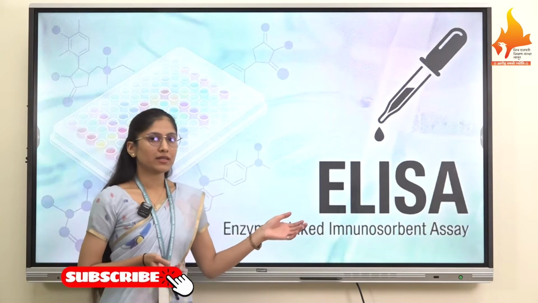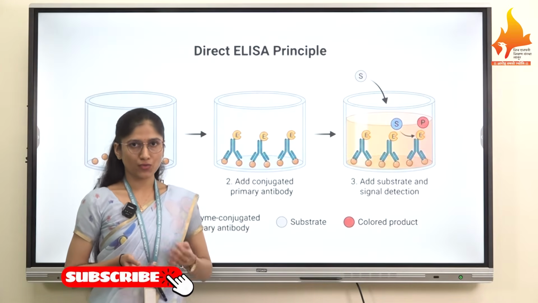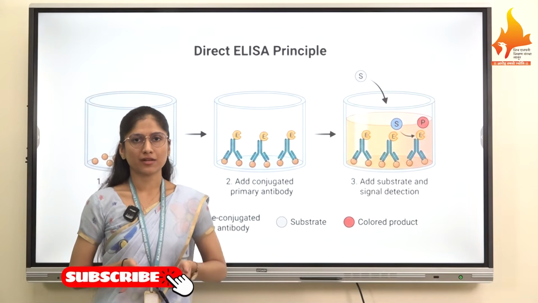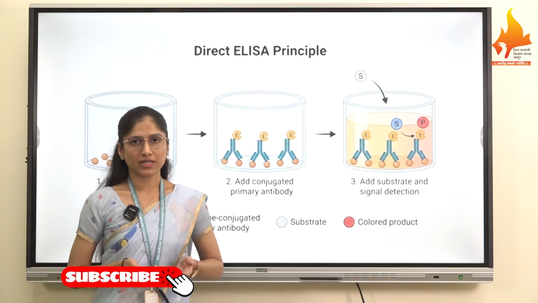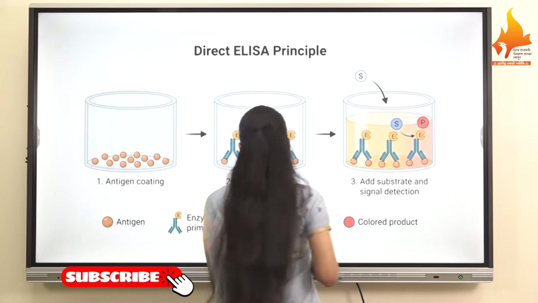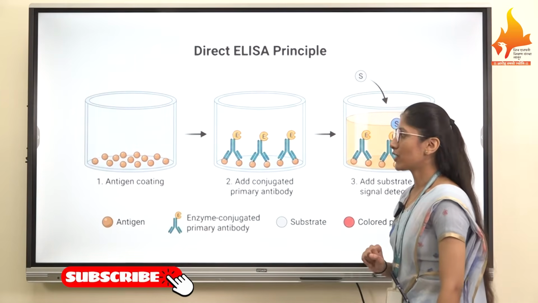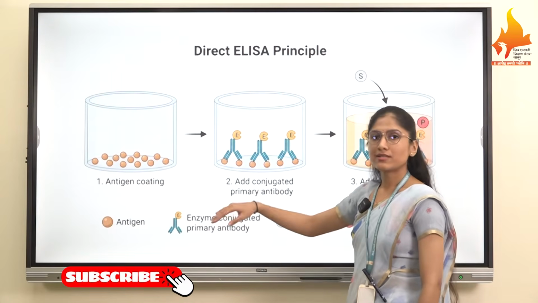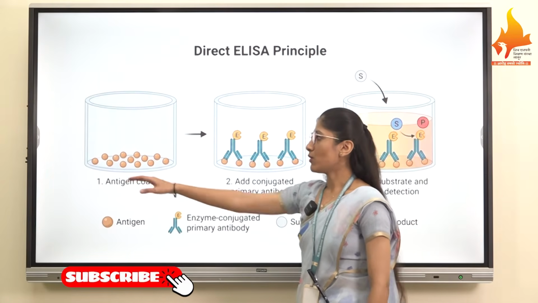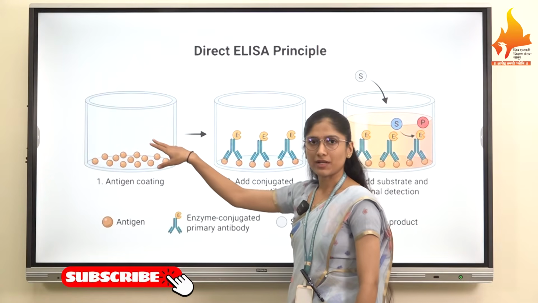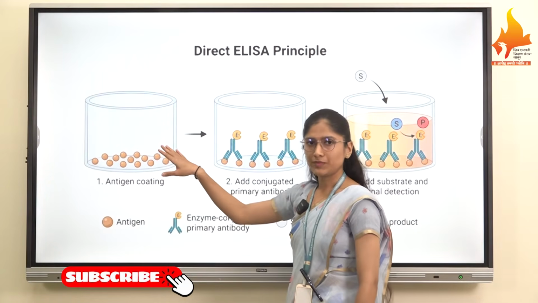The ELISA technique is categorized into four types: direct ELISA, indirect ELISA, sandwich ELISA, and competitive ELISA. We see them one by one. First is direct ELISA. In the direct ELISA, the antigen is directly immobilized on the surface of the microtiter plate or microtiter well.